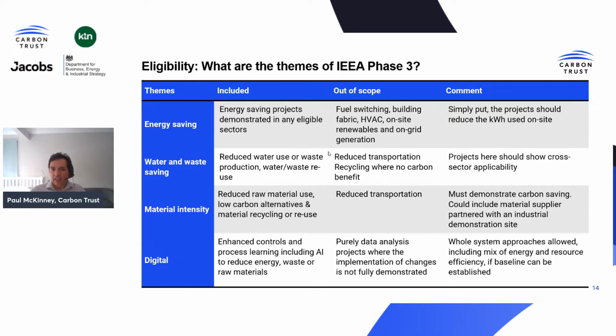But we're not looking here at reduced transportation. That can be an additional benefit to a project, but the core benefit needs to be about on-site waste or water reduction. And then material intensity is an extension of that in the resource efficiency area.